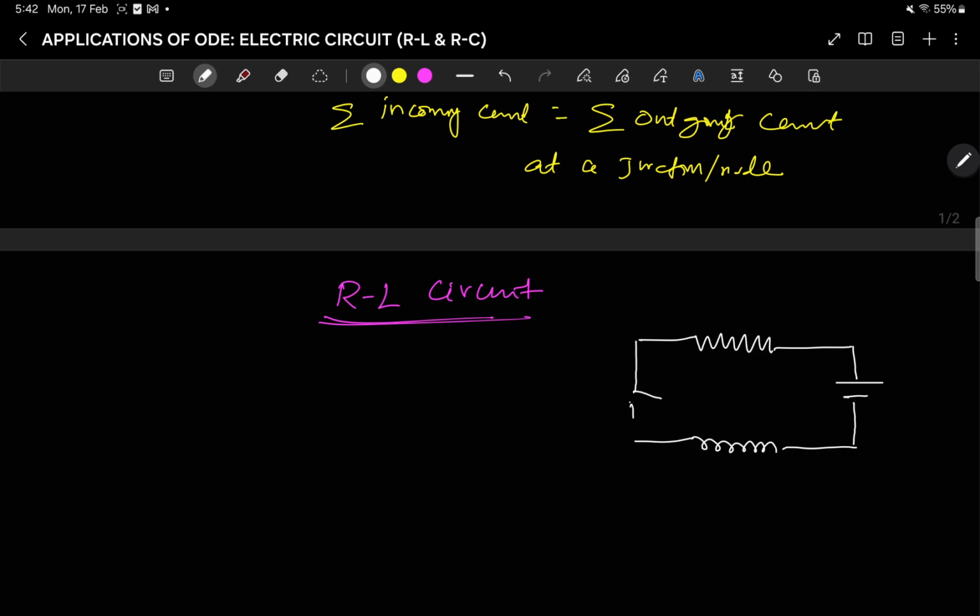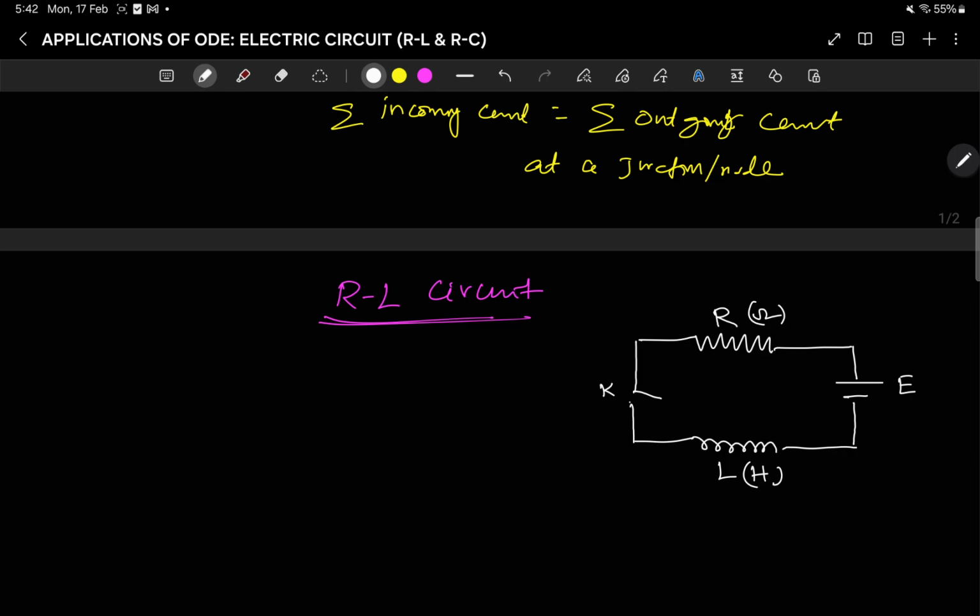So this is R, resistance in ohm, and inductance in Henry, and you have a source E here, and you have a key here, K.